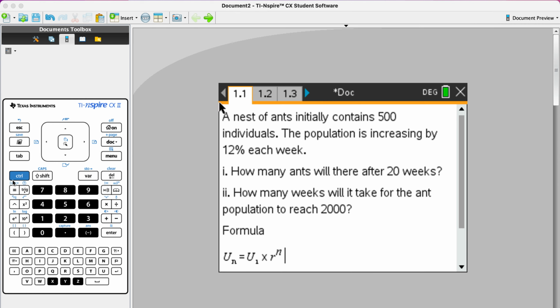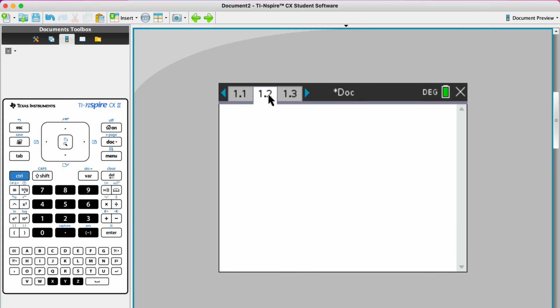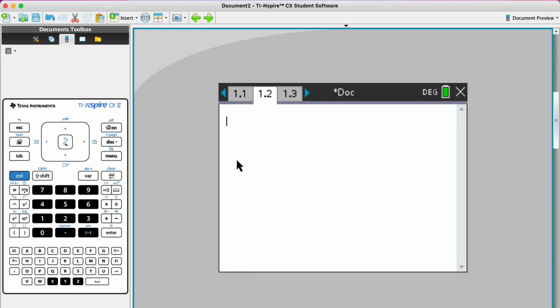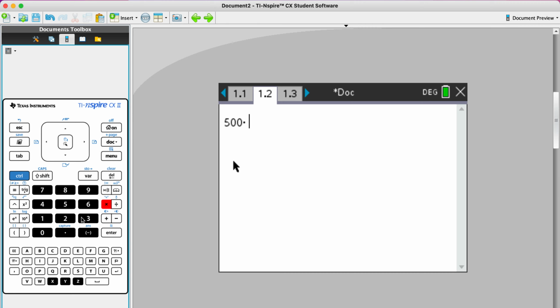Okay, so I'm gonna add the calculator here. So therefore, how many ants after 20 weeks? So we're gonna do 500 multiply with 1.12 to the power of 20. Okay, so we get 4823.